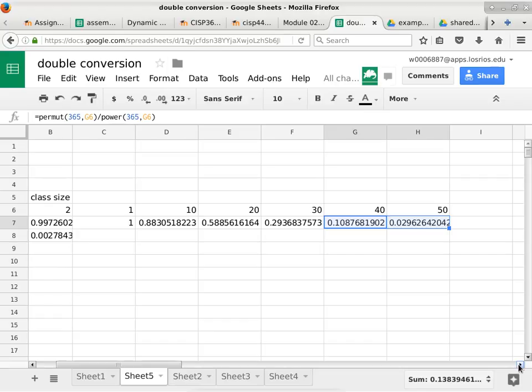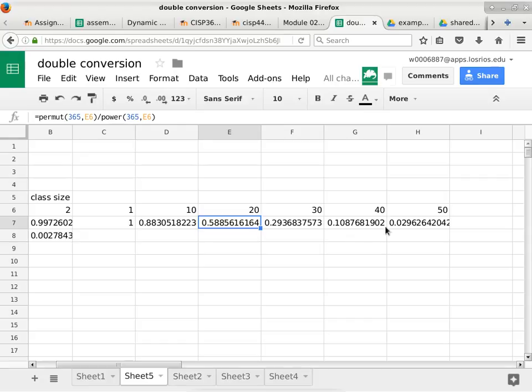Does that make any sense? But these numbers are not intuitive. In other words, this one is pretty intuitive, okay? If you only have a class of 1, there's no chance that we'll have any duplicate birthdays. Makes sense. When you have 2 people in the class, there's a pretty high chance that we do not have duplicates. Those 2 birthdays are unique. 10 is kind of reasonable too. But by the time we get to 20 people, it doesn't seem to make sense anymore, because this chance seems to be lower than what we expected.